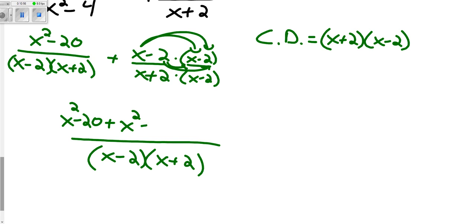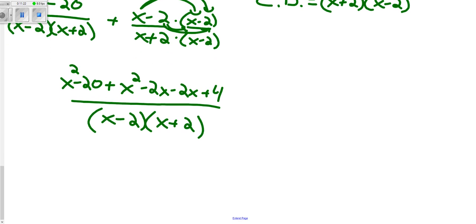X times negative 2 is negative 2x. Negative 2 times x. Negative 2 times negative 2 is? So you have to write it like that, you can't just put negative 4x. No, you could. I'm just showing all my steps. If you want, you could just combine everything. I'm showing extra steps because this is the first time out.